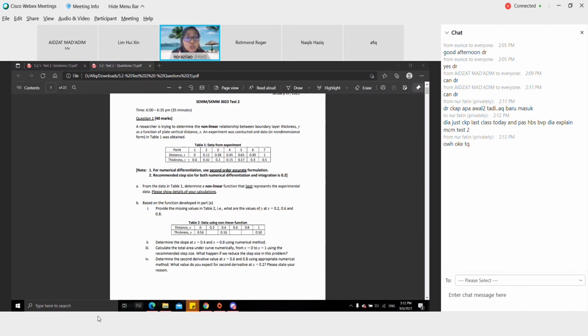Determine the slope at x equal to 0.2, x equal to 0.4, and x equal to 0.8, using numerical method. Now that you have the equation, since this is numerical differentiation, there is a trick. If you want to find the slope, you differentiate once. Right? If they ask for slope, differentiate once. If they say double slope, you differentiate twice. Right?